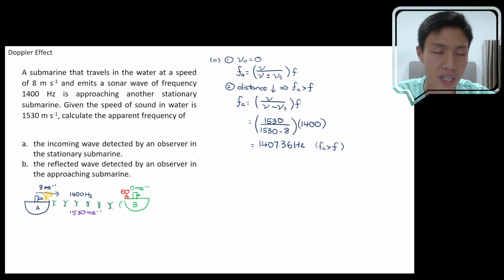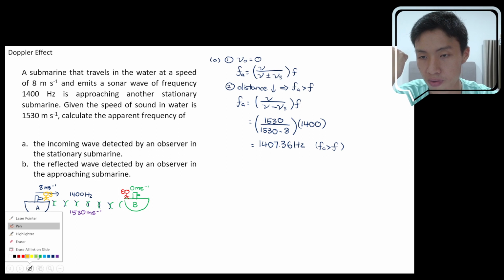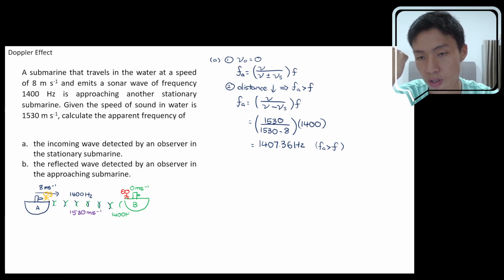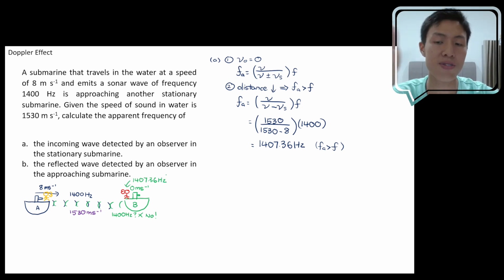But what we need to make clear is, will it still be 1400 Hertz? That's the question. This reflected wave, is it still 1400 Hertz? Well, no. Why? Because this observer has already observed a frequency of 1407.36. That means what arrives at submarine B is a sonar wave with higher frequency.